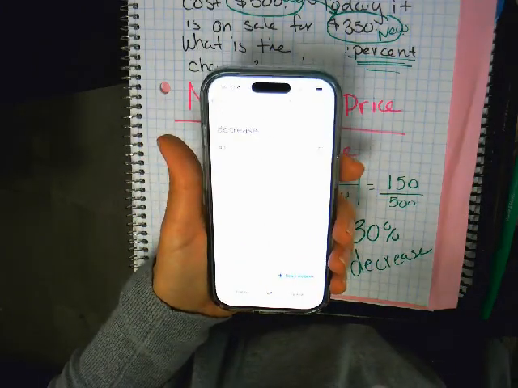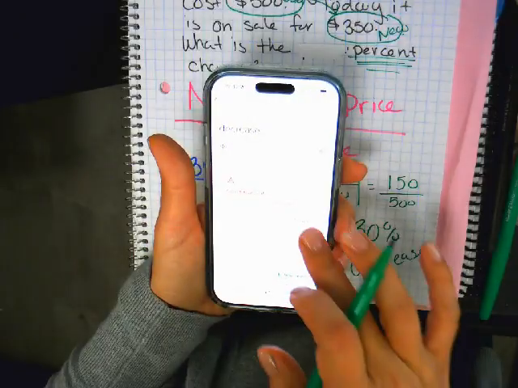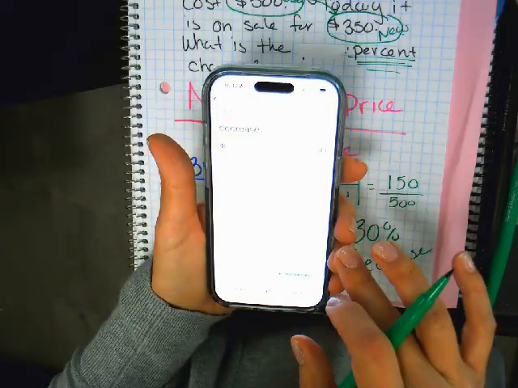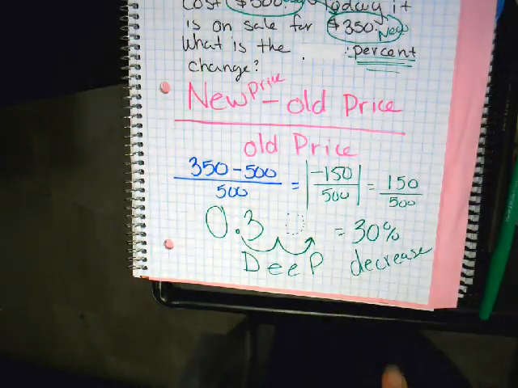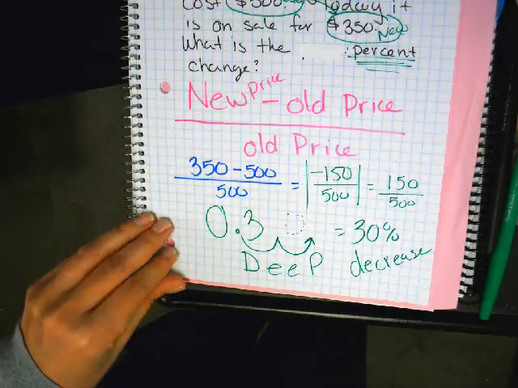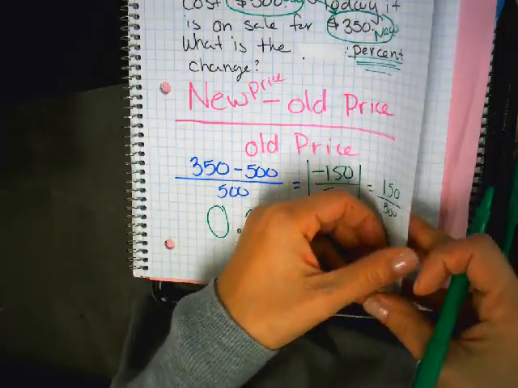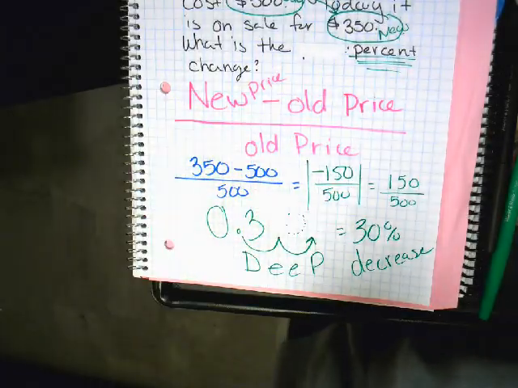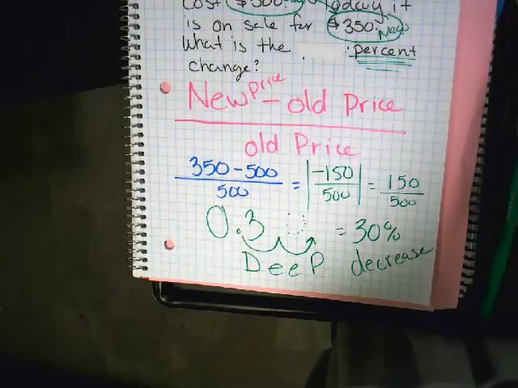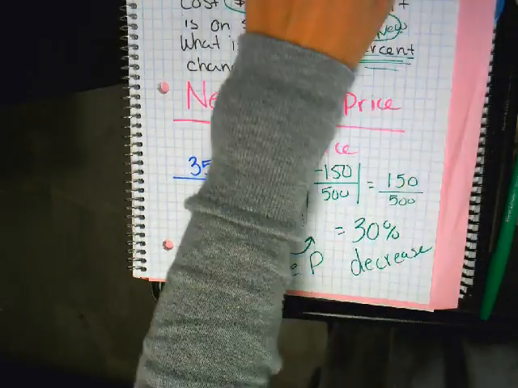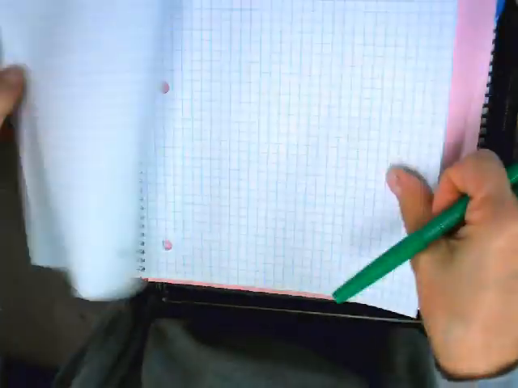It says disminuir. 30% disminuido. Okay, kids? Yo muy buena en español. All right, déjame terminar la lección.